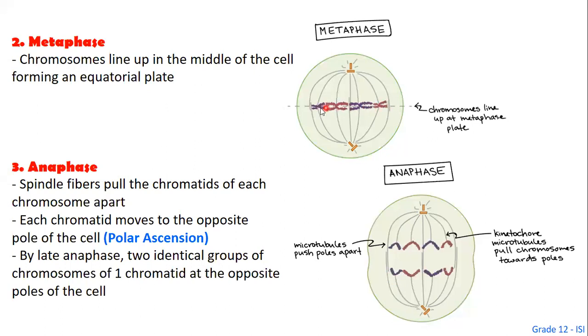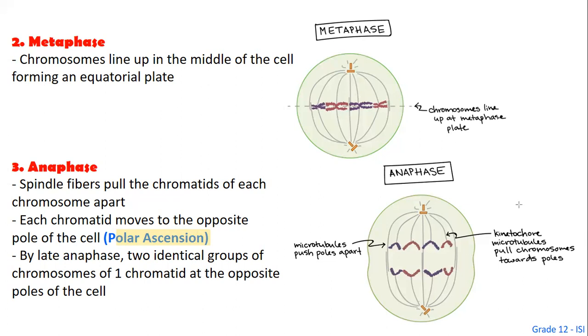So here chromosomes are lined up in the middle of the cell. During anaphase, polar ascension occurs. Polar ascension, what is moving now? The chromatids of the chromosomes. Chromatids move to the opposite poles of the cell.